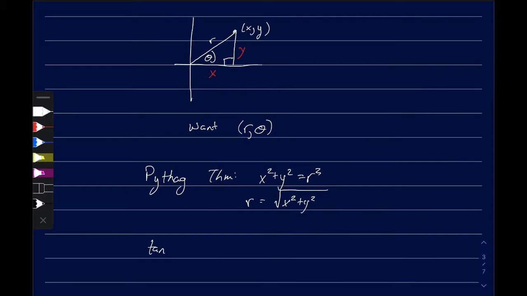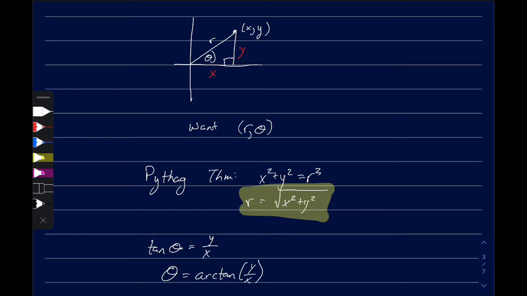And then we know that the tangent of theta, actually let's go ahead and highlight this, is equal to the opposite over the adjacent. So theta is going to be the inverse tangent of y over x.